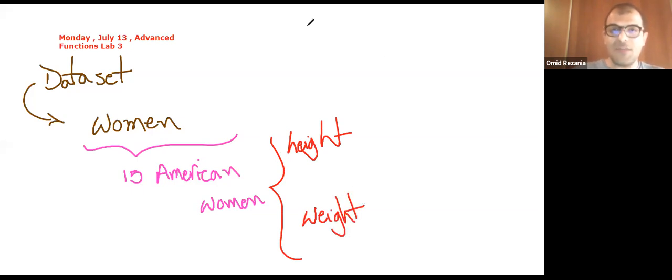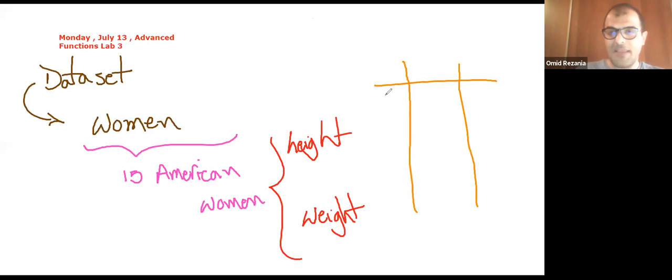Which essentially what we saw was, for example, a table like this. We had the women on the first column. For example, we had women number 1, women number 2, number 3, and it goes all the way to women number 15.